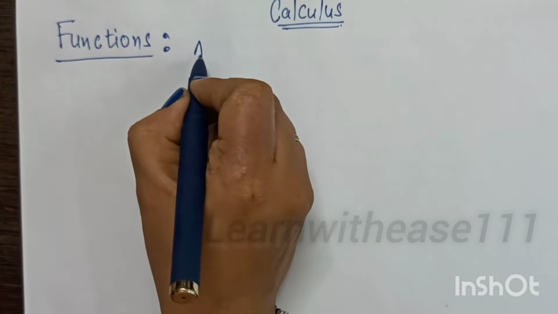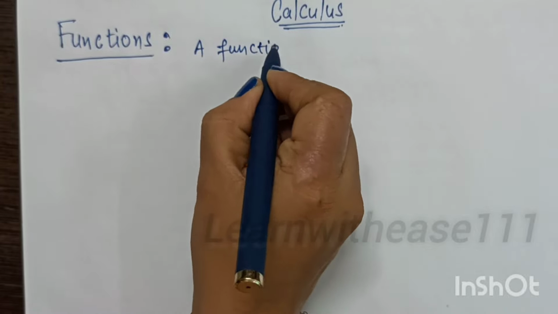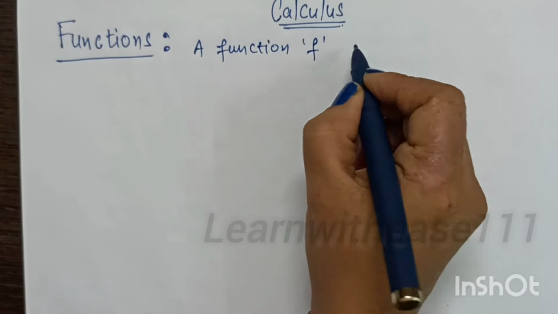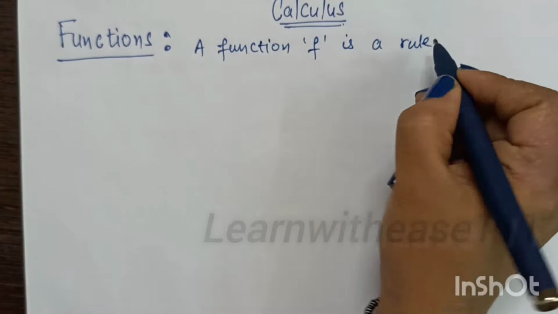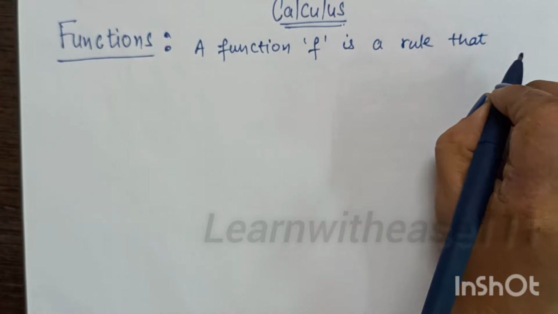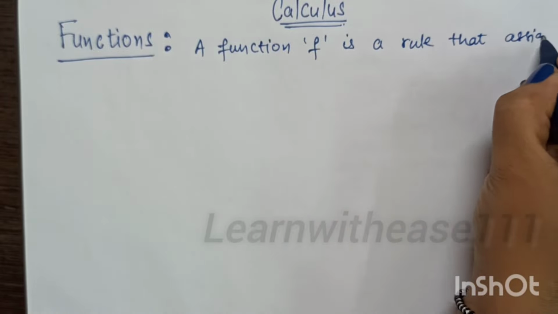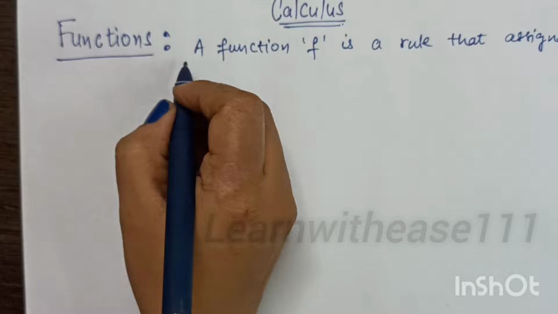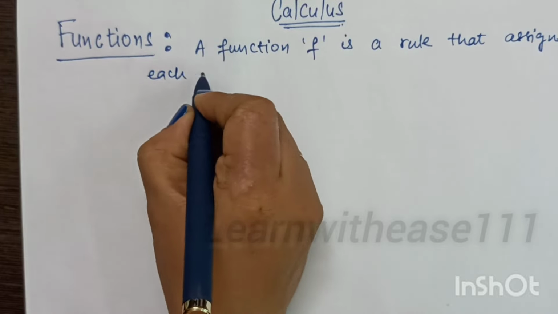So first of all, what is a function? The basic definition is: a function gives you the connectivity between elements of two different sets. Sets can be the same also, but right now in the basic criteria we are assuming the sets are different.